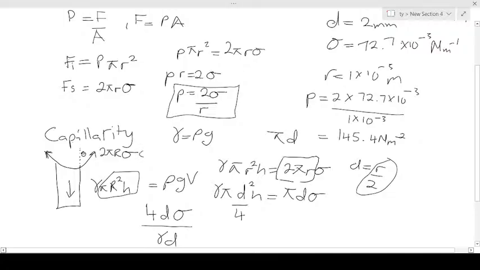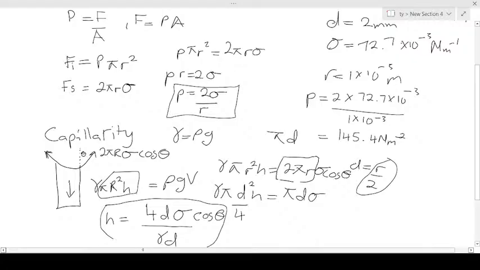So this will now be cos theta, because when you resolve it onto the y-axis, the angle reduces. Sorry for not adding that. So this also here is cos theta. Yes. So this is your formula for your capillarity.